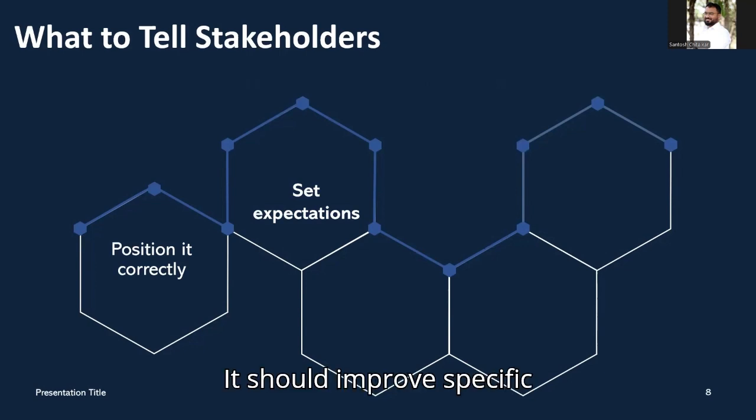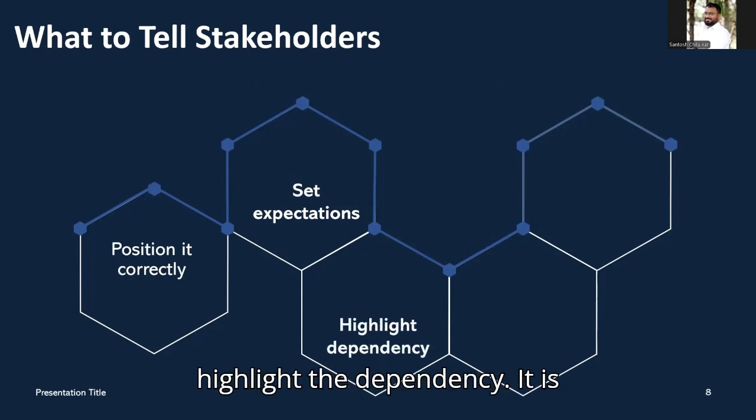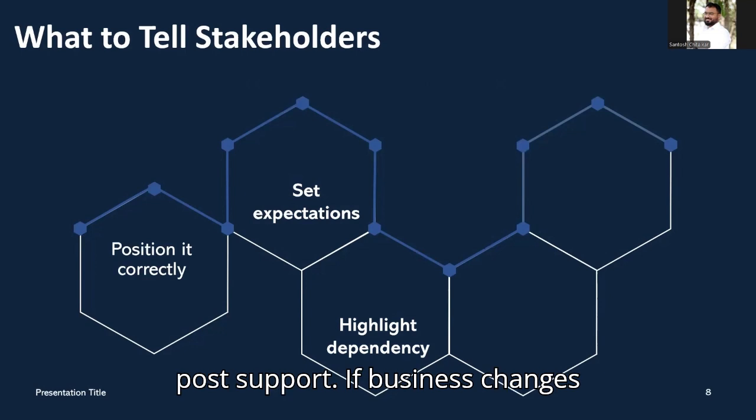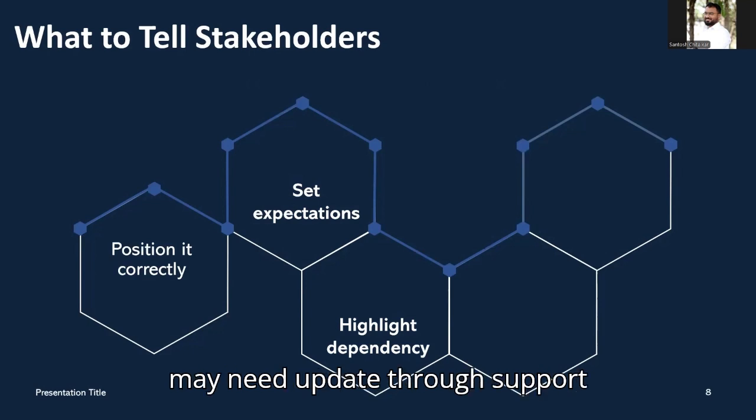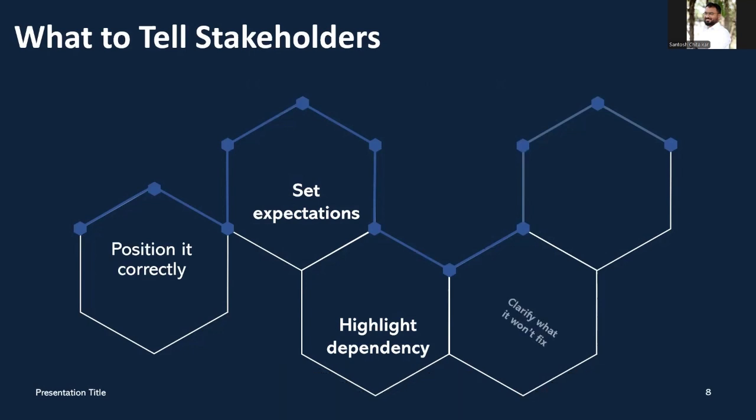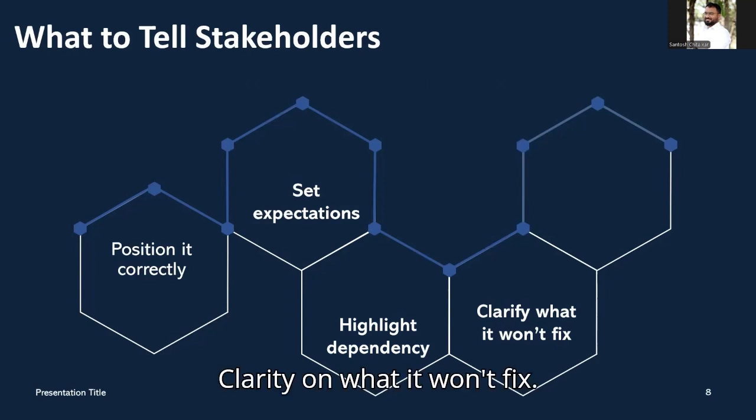It should improve specific high traffic read patterns like reports and list views, but won't boost every single thing in your org. Please highlight the dependency. It is created and maintained by Salesforce support. If business changes the field requirements frequently, we may need to update through support only. Clarity on what it won't fix. I think we have briefly discussed this.